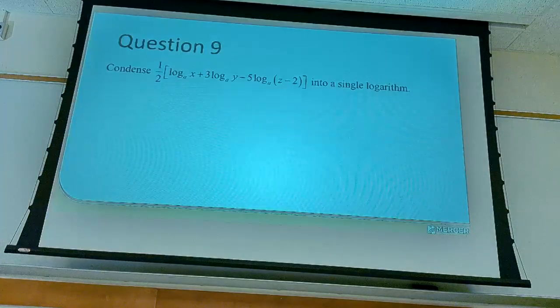But yes, I am going to just do the parentheses first. So leave that 1/2 alone and work with what's inside the brackets. That first term, nothing to condense, right? There's no scalar. That's just log A of x.